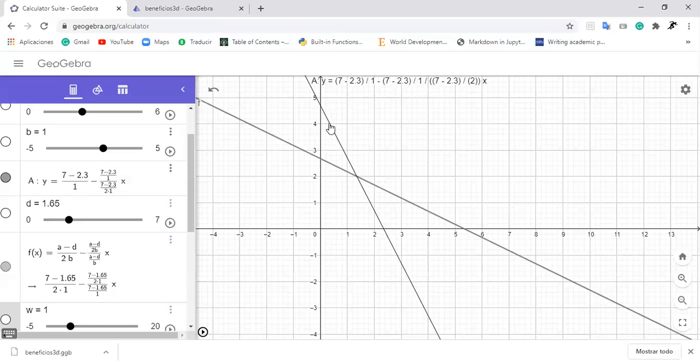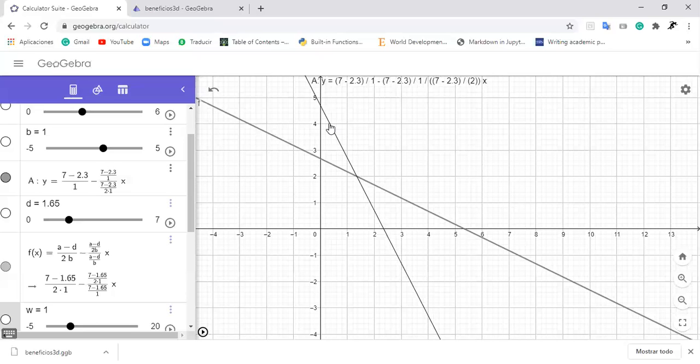At this point, firm number 1 is over its reaction function, so it is maximizing its profits, but firm number 2 isn't, because that firm is not over its line.